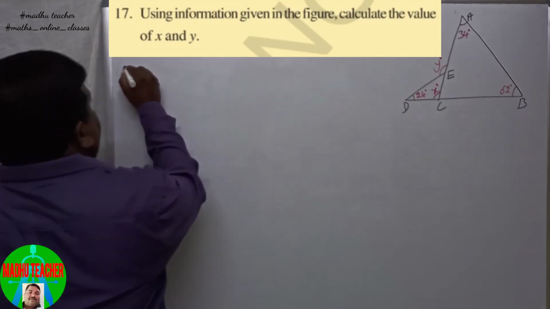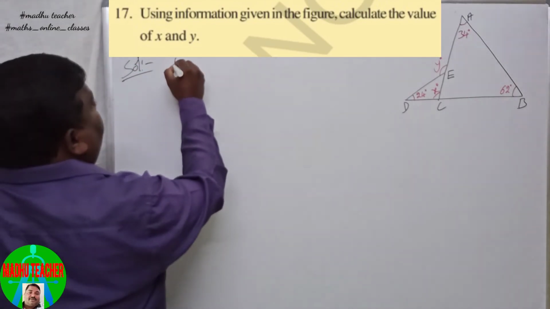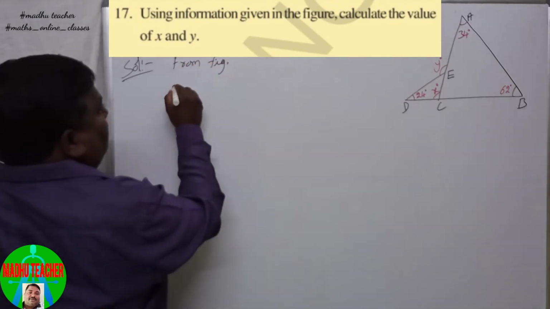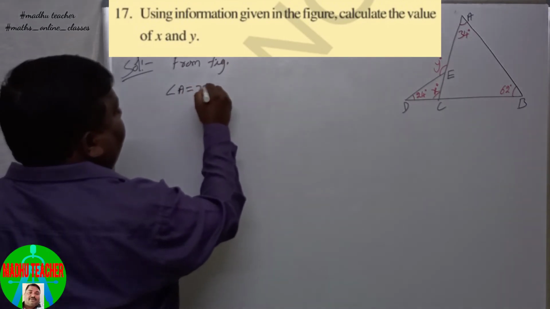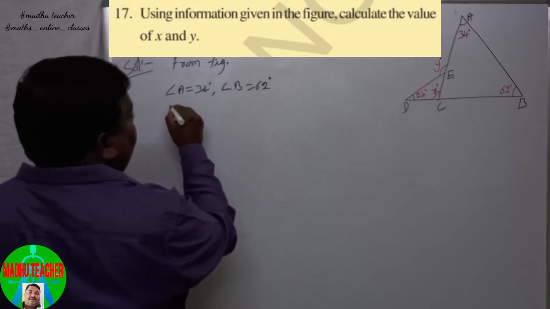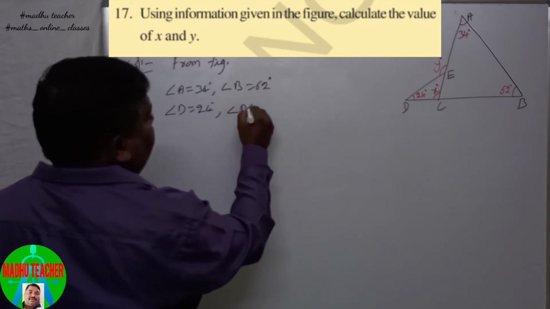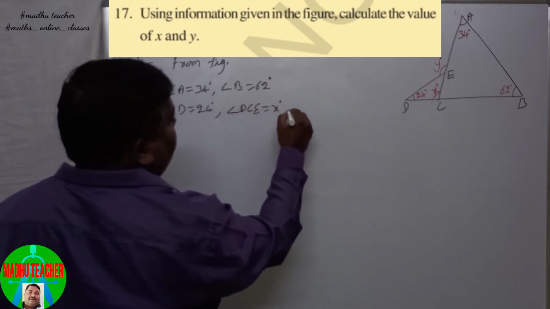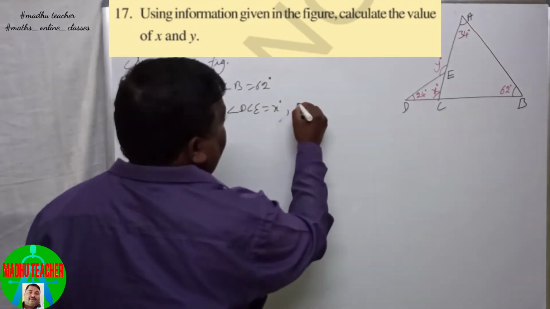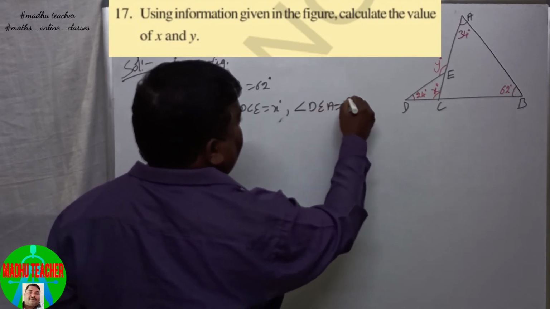So the given data from the figure: angle A equal to 34 degrees, angle B equal to 62 degrees, angle D equal to 24 degrees, angle DCE equal to x degrees, angle DEA equal to y degrees.